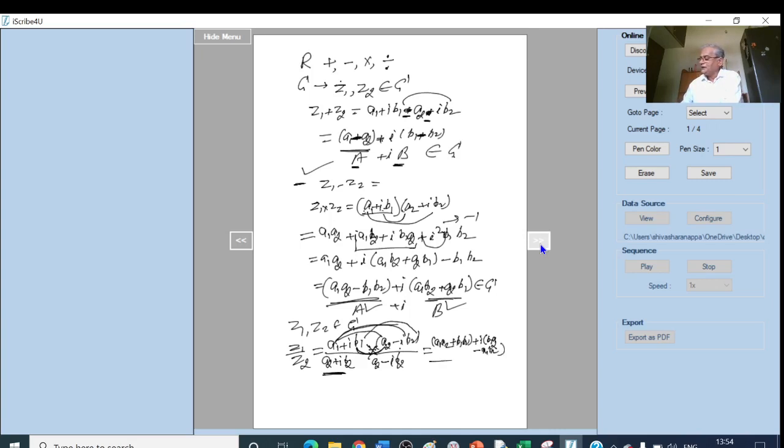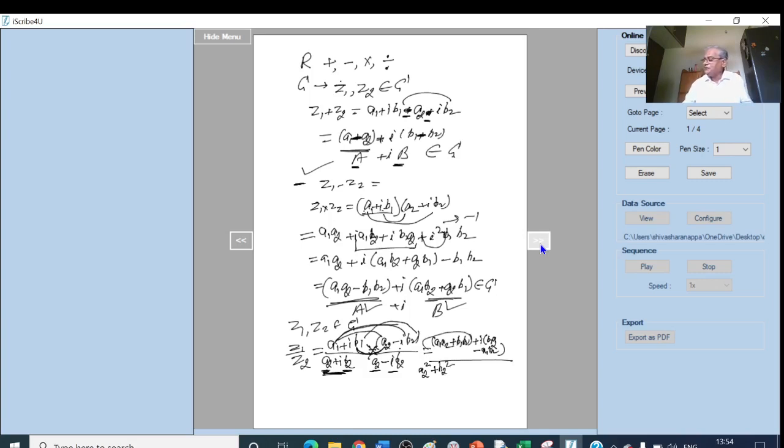This is the numerator, divided by the denominator, which is A plus B into A minus B, so this is A square minus B square. That is, A square is A2 square, minus B square means minus I square B2 square. I square is minus 1. This becomes plus B2 square.